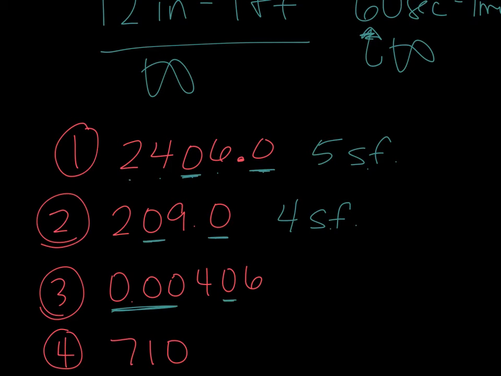Is this 0 significant? Yes, because it's sandwiched. So that means that this has 3 sig figs. And then number 4, is this 0 significant? No. Trailing zeros are not significant if there is not a decimal present. So that means that this only has 2 significant figures.